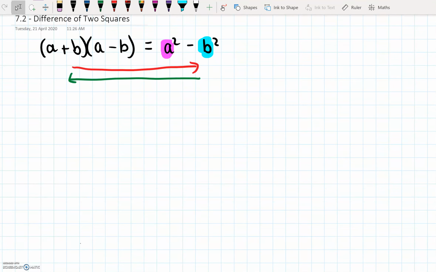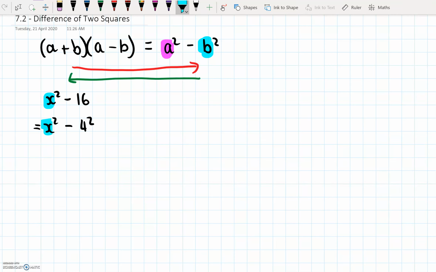If I said to you x squared minus 16, you have x squared, and 16 can be written as 4 squared. It's the same as x squared minus 4 squared.